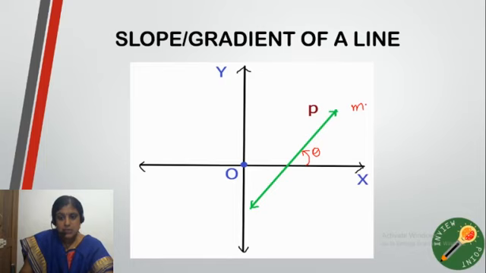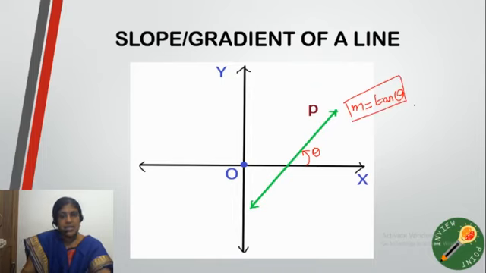So the slope of the line is given as m is equal to tan theta. So what is the equation to find the slope or gradient of a line? m is equal to tan theta. Is it clear, students? So theta is the angle of inclination and m is the slope or gradient of a line, which is given by the equation m is equal to tan theta.